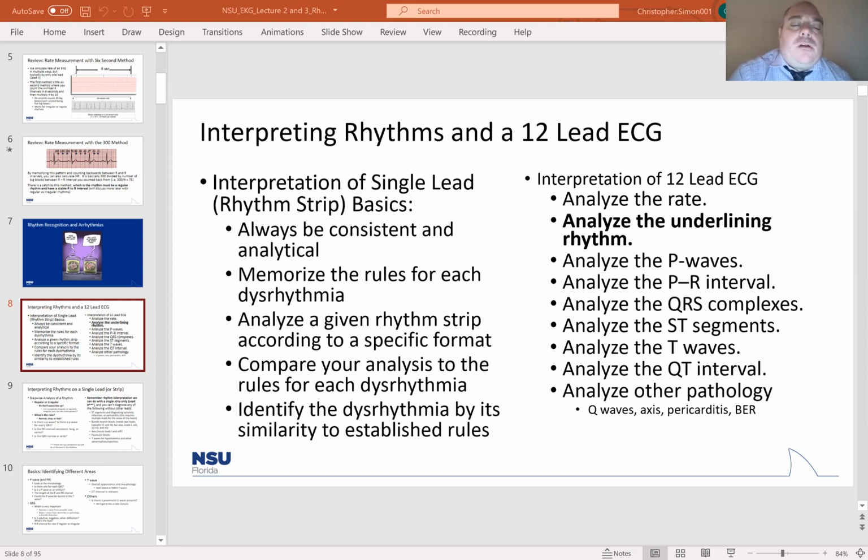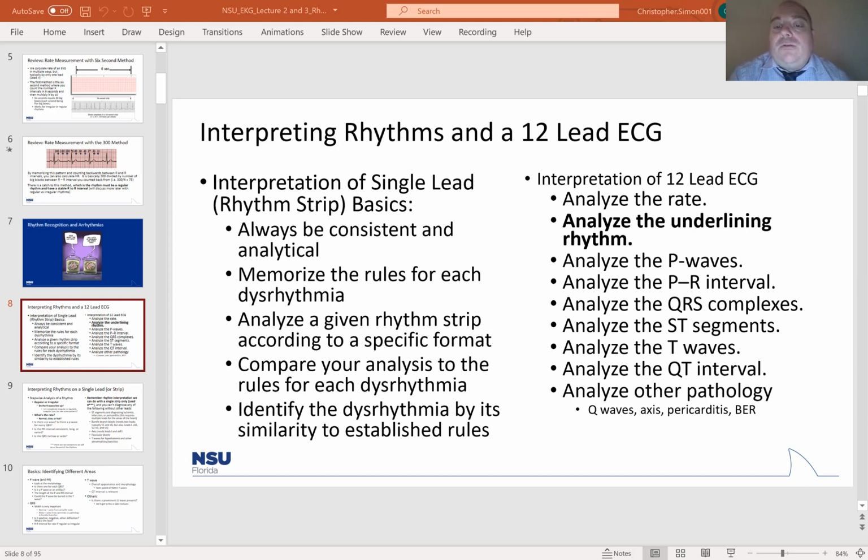One of the biggest things I will say over the years that I've seen was when somebody comes up and says, "Hey, professor, I'm confused about what makes this particular rhythm, this rhythm. Like, why is it whatever you're saying it is?" So, I'll look at the rhythm and think to myself, okay, this is a junctional rhythm, idioventricular rhythm, who cares?